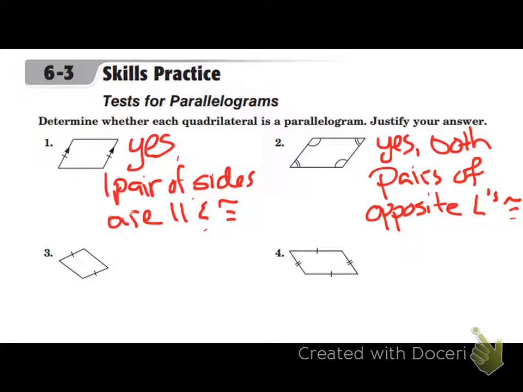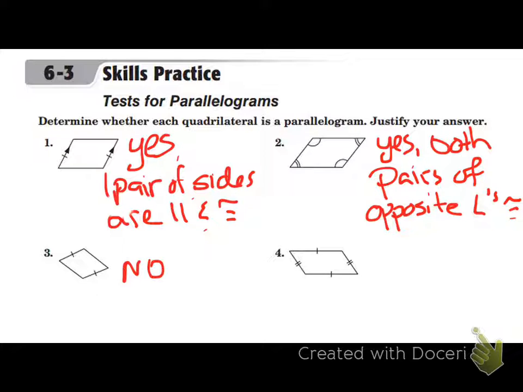What about number 3? No. We don't have enough. You have one pair of opposite sides, but if you're going to use just one pair, you have to prove not only are they congruent, you also have to show that they're parallel. What about number 4? No. Why not? Because there's not at least one pair of sides that are parallel, or it doesn't tell us that they're parallel.